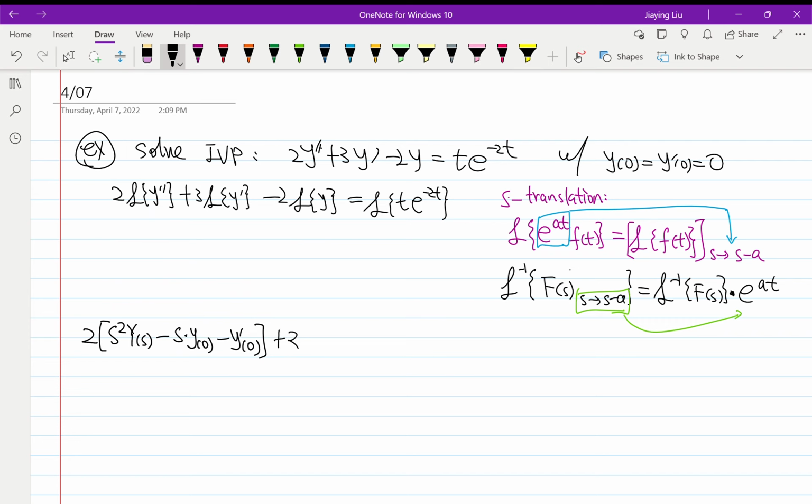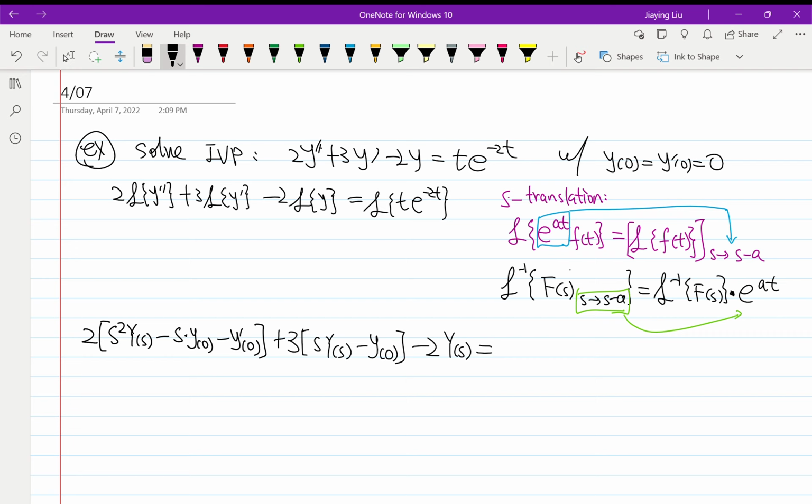And plus 3 times s capital Y of s minus lowercase y of 0. So that's the Laplace transform of y prime, and then minus 2 times capital Y of s. That's the left-hand side.